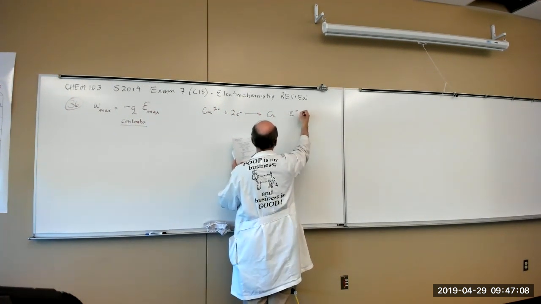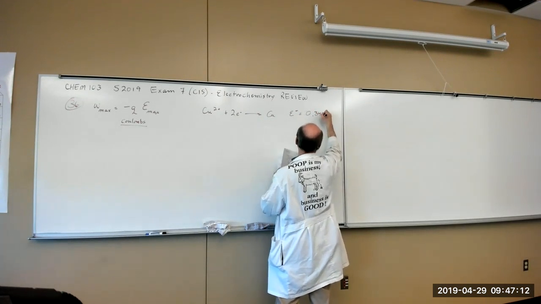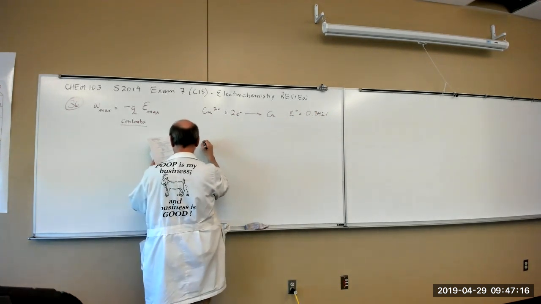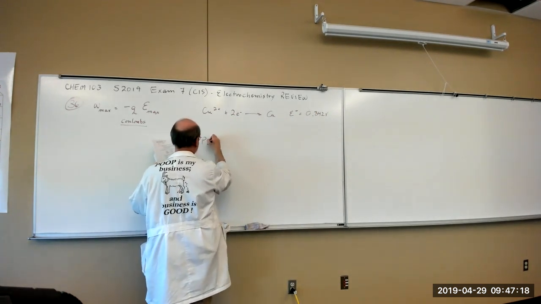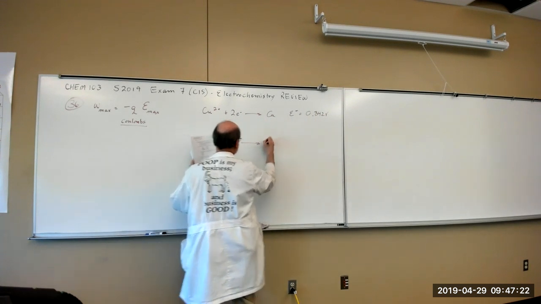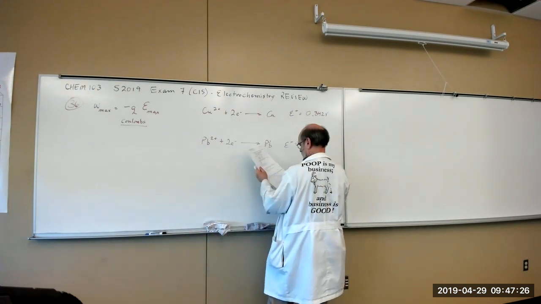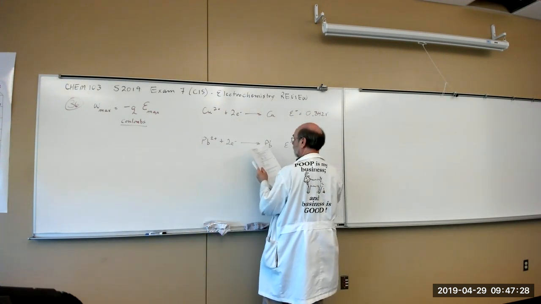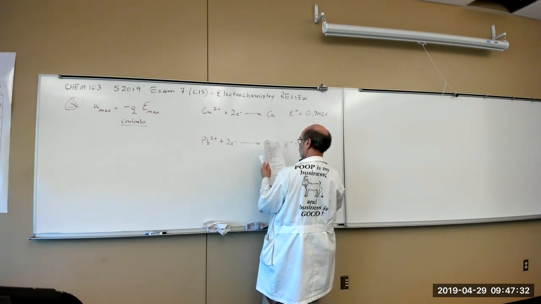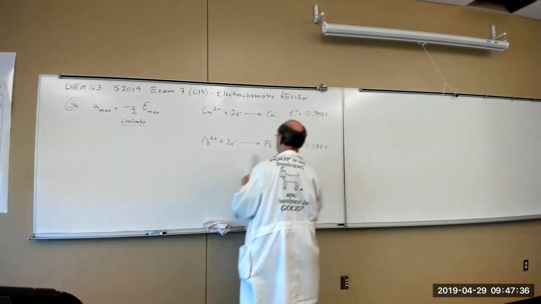And the standard potential is 0.342. And this one is the standard reduction potential for lead. So its standard value is minus 0.130 volts.